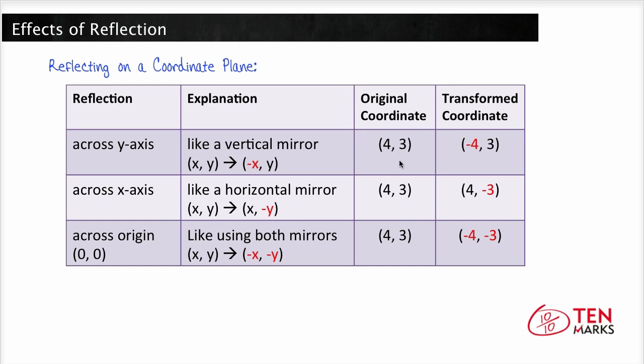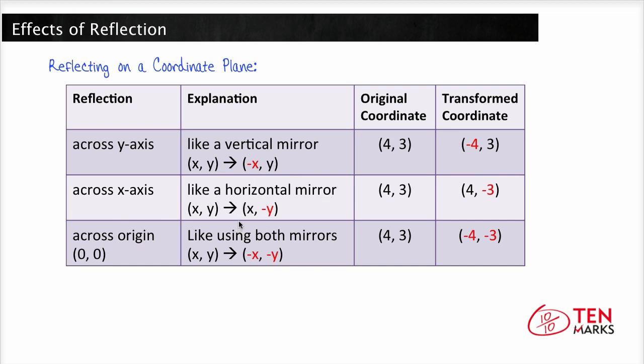So with this original coordinate of 4, 3, its transformed coordinate keeps the same y value, but its x value is the opposite of what it originally was. So 4 becomes negative 4. When reflecting across the x-axis, you're reflecting a point by using a horizontal mirror.